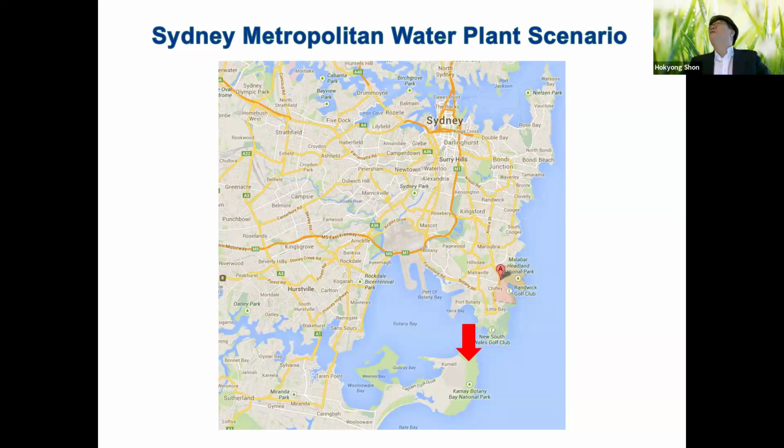How much you pay for 1 kilowatt hour is almost $0.3, so $0.3 times 4 kilowatt hours. So you need to spend around $1.2 to produce 1 cubic meter by seawater desalination.